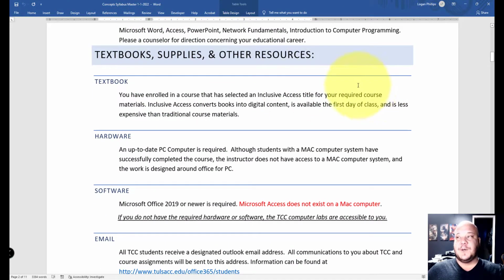Now for the textbooks, supplies, and resources, this is a key piece for the students' need. We are an inclusive access classroom, which means that you don't need to purchase anything at all. Your bursar will be charged for your textbook automatically, as soon as you enroll, that $100-something bucks is going to hit your bursar and be charged to you. That gives you access to all the course materials on the very first day as soon as you log into the Blackboard course.